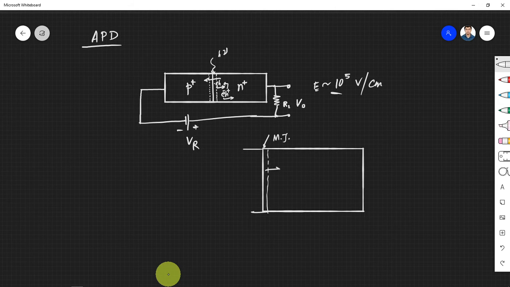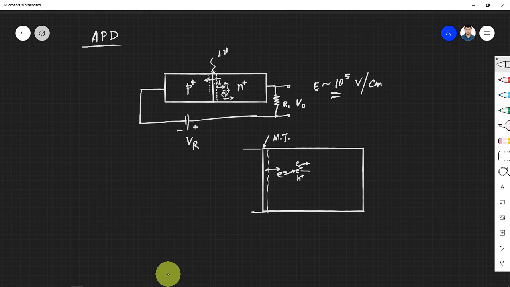We got an electron and hole pair and the electron is accelerating in this direction, and it has sufficient kinetic energy because of this high electric field, and now it will knock out one electron from this device. So it will create one electron and hole pair in this position. So we'll now have one electron extra and the same electron will continue.